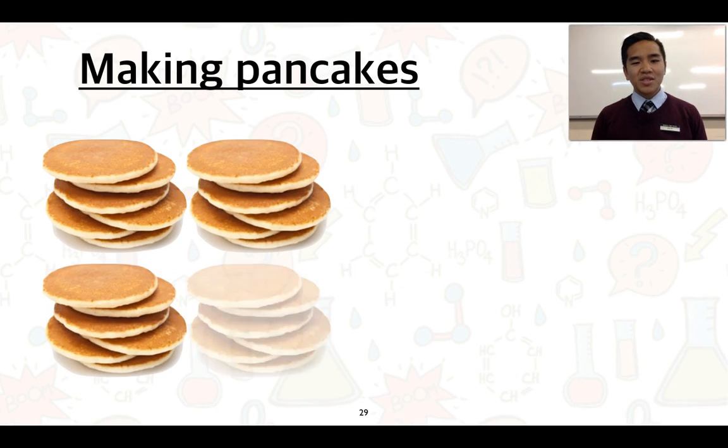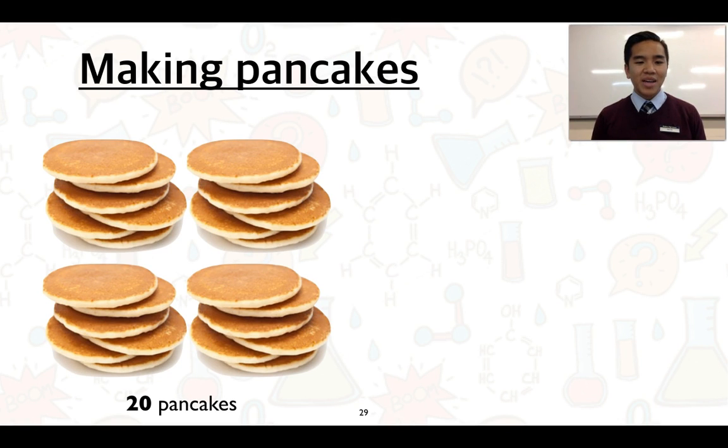If we think of a slightly different scenario, now we've got a larger number of pancakes that we want to make, so perhaps we have a bigger family, and we need to think about how many eggs we might need to make 20 pancakes. And just remember, in our previous example, in order to make 5 pancakes, we need 2 eggs.